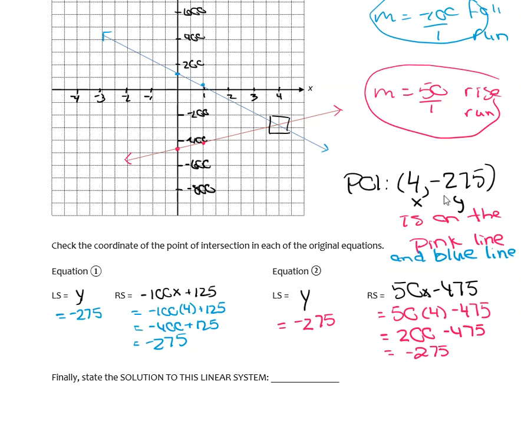If this point is on the pink line and it's on the blue line, then it must be the point of intersection, because straight lines can only cross once. So as soon as you find the point that is on both lines, it means you have found the solution. The point of intersection is the solution. So the solution is 4, negative 275.